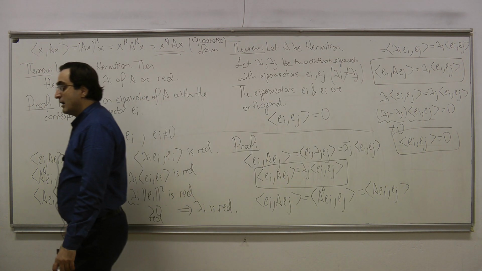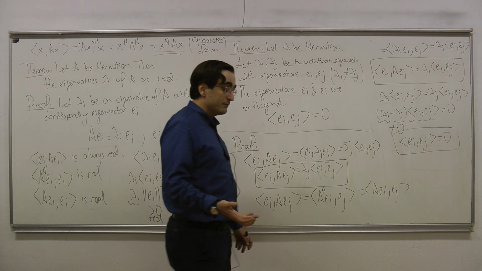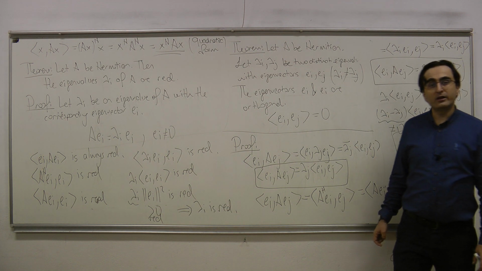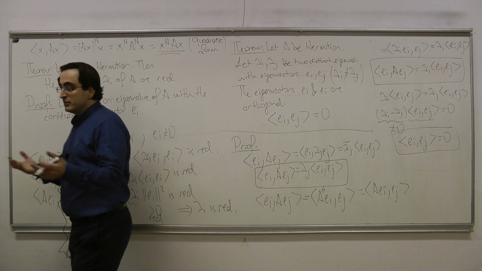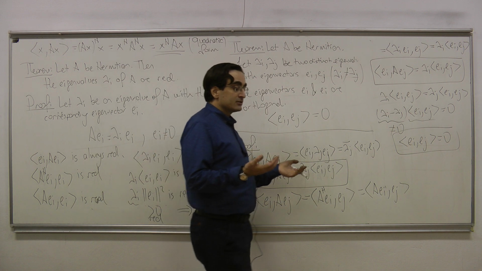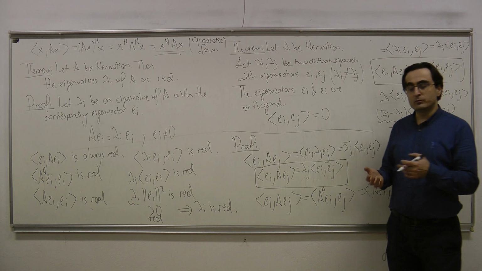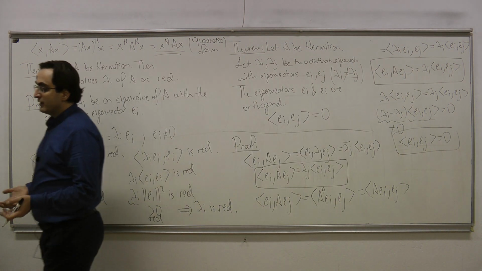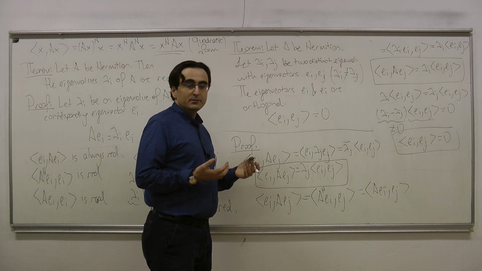Even when the eigenvalues are repeated, if you have two eigenvectors belonging to distinct eigenvalues, then those eigenvectors are linearly independent.